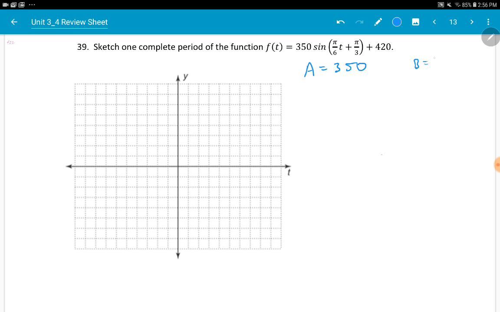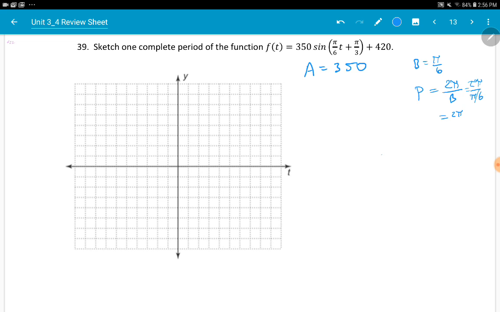So our B is pi over 6, which means our period is the period of the parent function divided by B, which is 2 pi over pi over 6, which equals, the pi's cancel, and this 2 and 6 become 12.